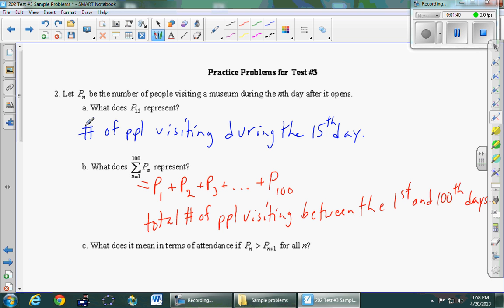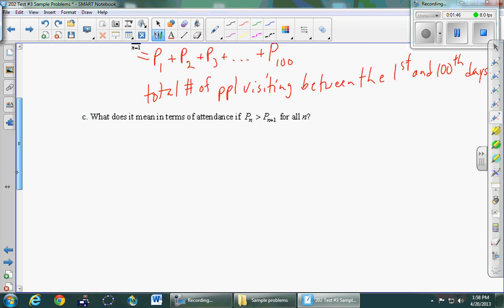Part C, what does it mean in terms of attendance if P sub n is greater than P sub n plus 1 for all n? Okay, so generally speaking, let's just say that this is the number of people visiting on a generic day, n.